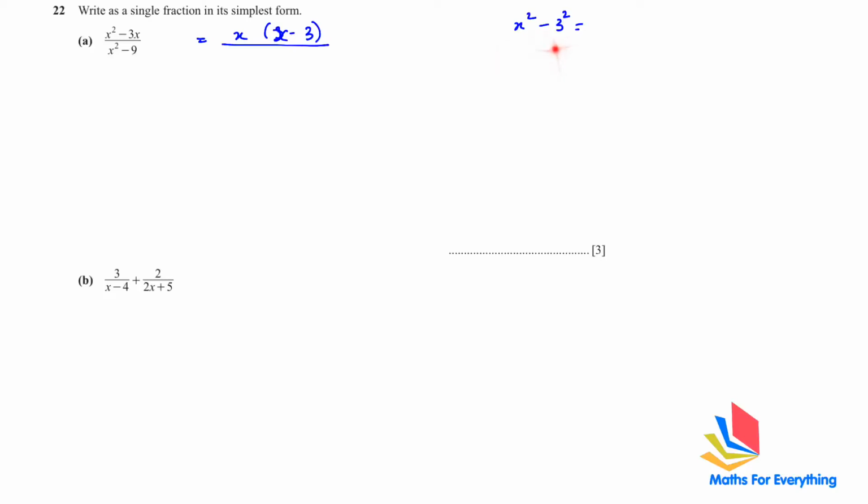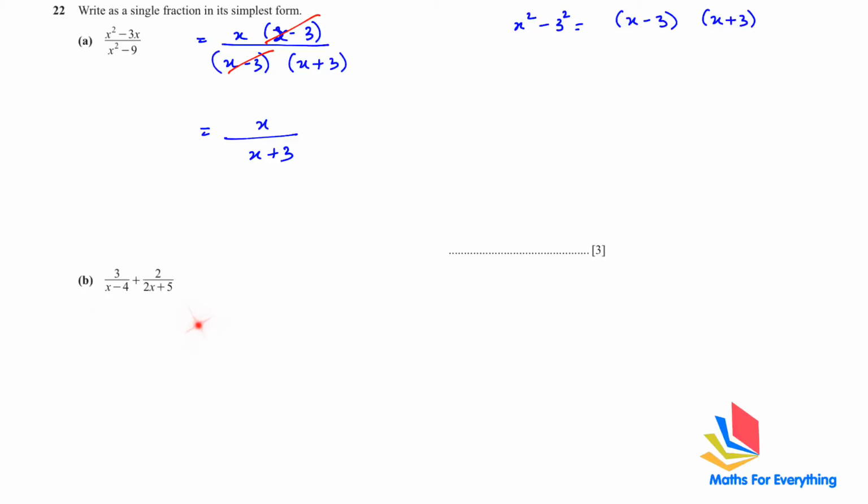So this is a difference of squares. When you have two squares, we use the rule a minus b and a plus b. So this is going to be written in the denominator. And x minus 3 is common. So that will be cut off and we are left with x over x plus 3.